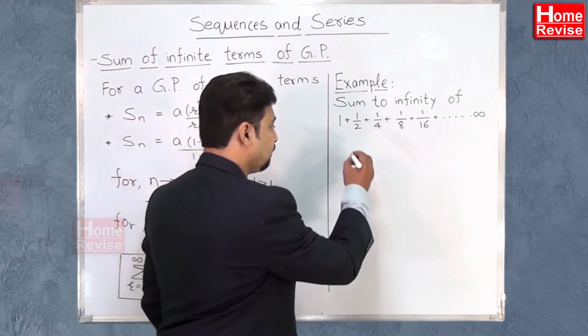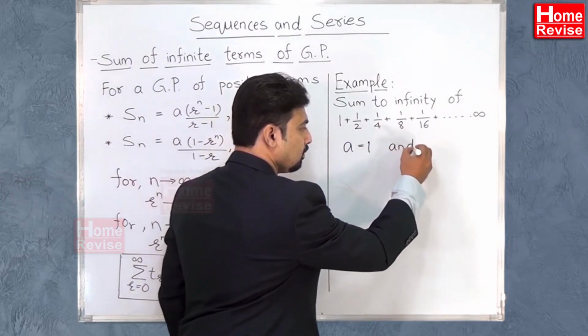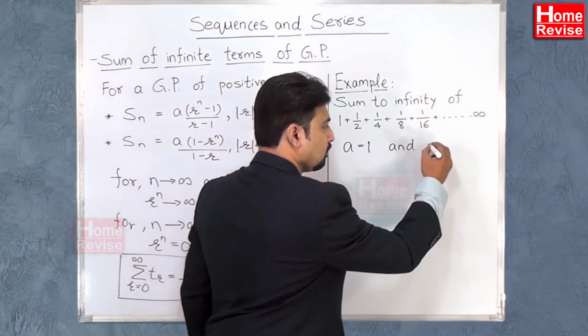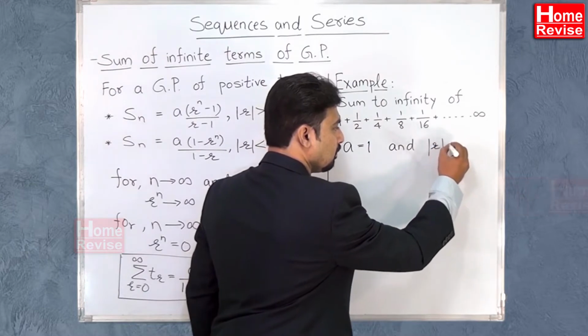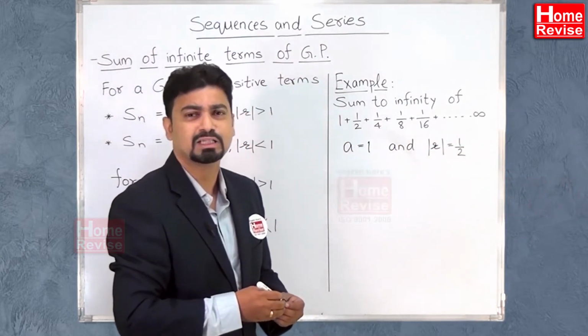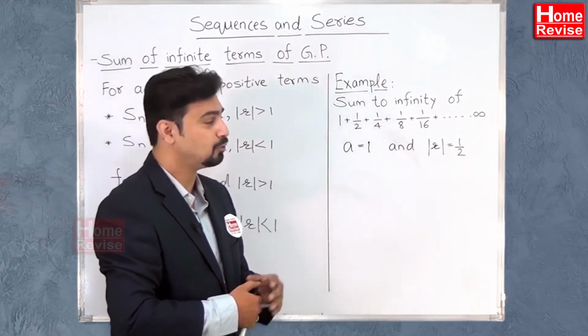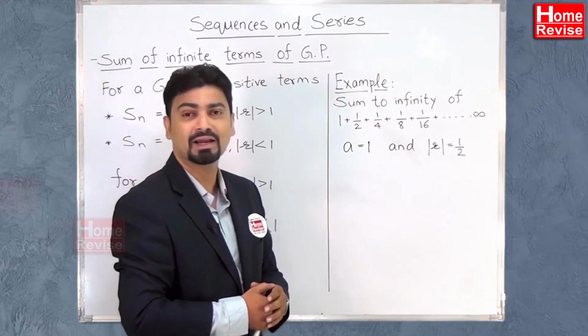Here, since r is positive, mod r will be the same as r, which will be equal to 1/2. So I have a as 1, mod r as 1/2.